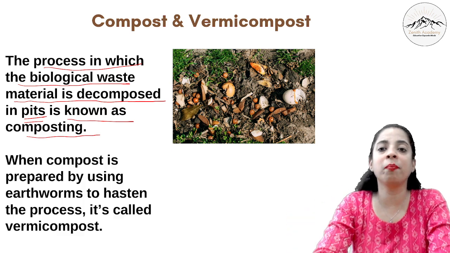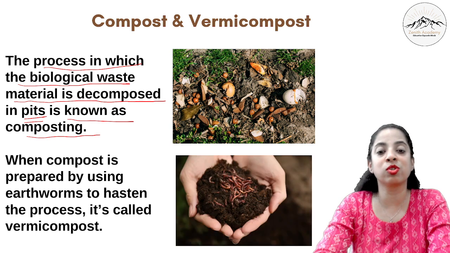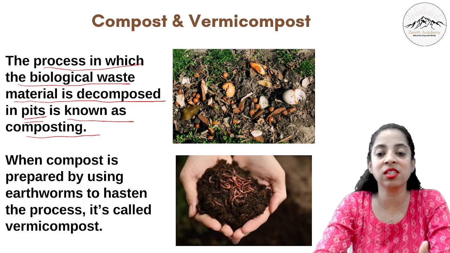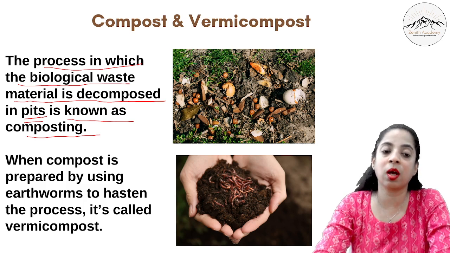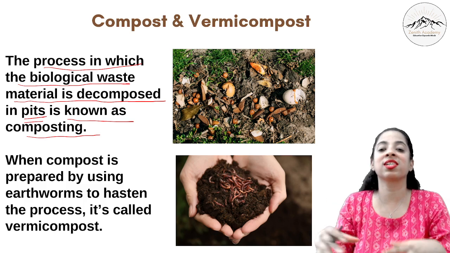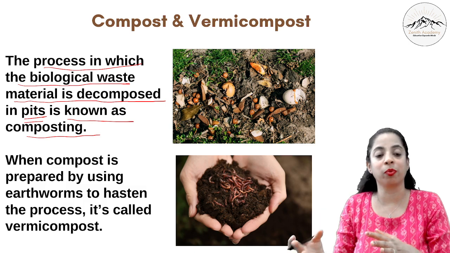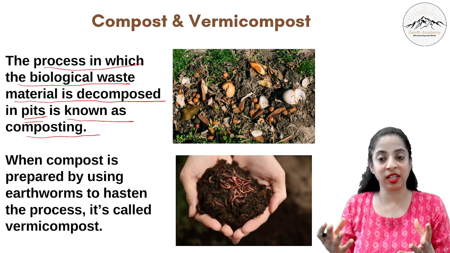So then what is vermicompost? When this compost is prepared by using earthworms, can you see in the hands? Can you see in this soil? There are earthworms. So when compost is prepared by using earthworms to hasten the process, this is called vermicompost. So what are earthworms, my dear students?